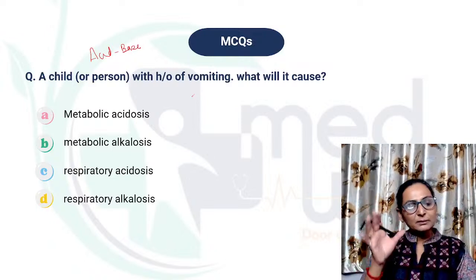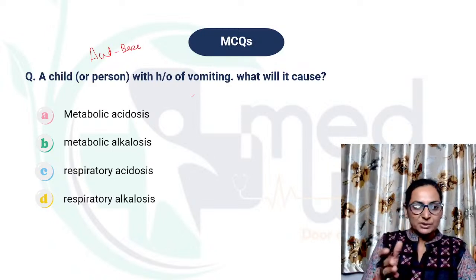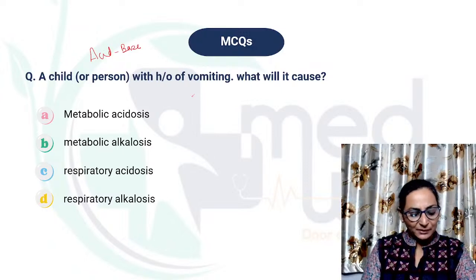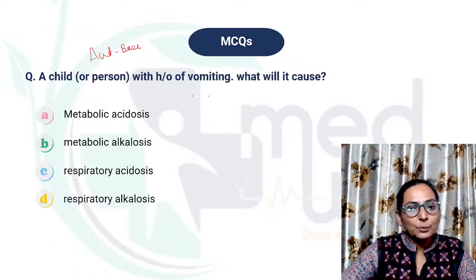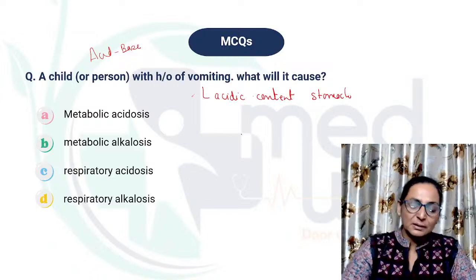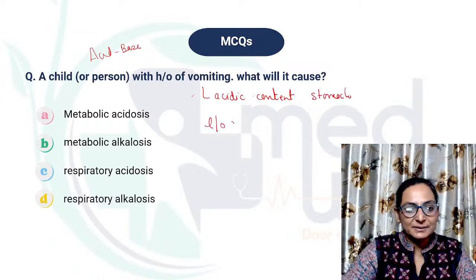Now, before looking into the options, metabolic acidosis or alkalosis, or whether it is respiratory acidosis or alkalosis. Now, when you are vomiting out, what you vomit out is basically the acidic contents from the stomach. That means there is a loss of acid.